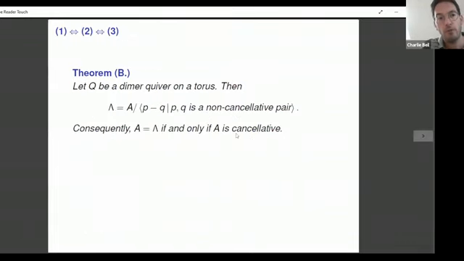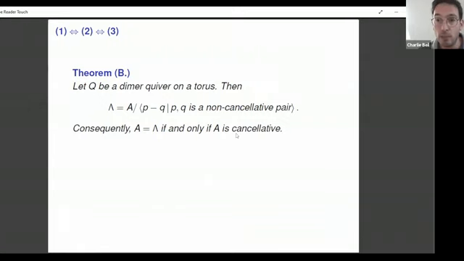So first, if we look at the first 3 of these equivalences, this comes from this theorem where if Q is a dimer quiver on a torus, then, and this only holds on a torus, not on higher genus surfaces.